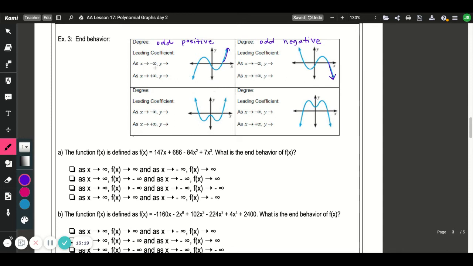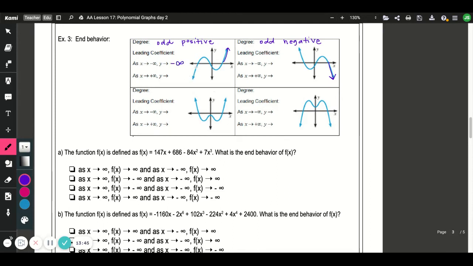So the notation, I'm going to thoroughly explain one or two, and then the other ones I might fill in a little more quickly. As x approaches negative infinity, so x is left and right. Here's the x-axis. Negative is the left. So this is saying the left-hand side of the graph, which direction is it pointing? It is pointing down. Down is negative.